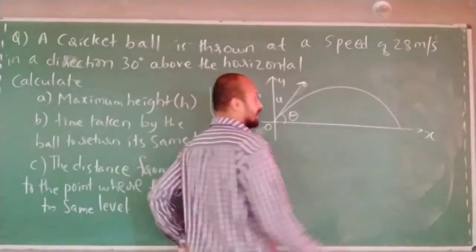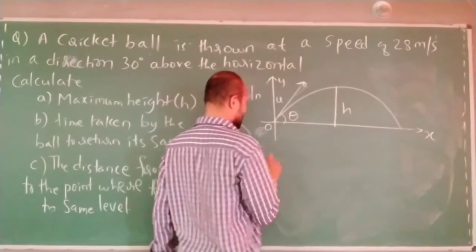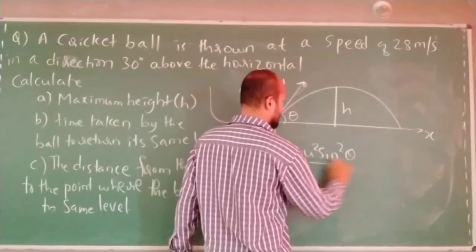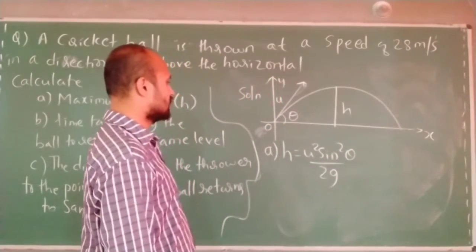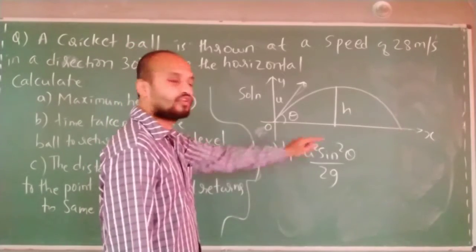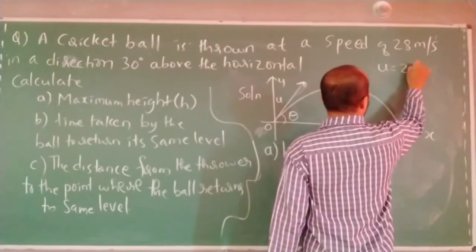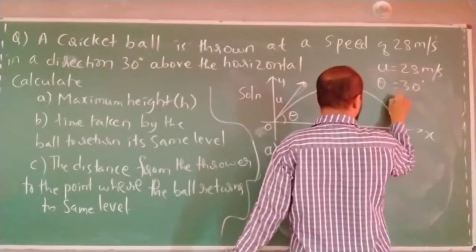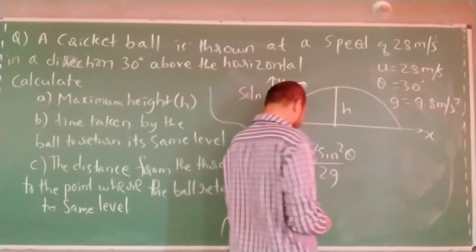First we shall calculate the maximum height. This is h. So h is given by u square sin square theta divided by 2g. We must know the values of u, theta and g. u is given as 28 meter per second, theta is 30 degrees, g is 9.8 meter per second square.